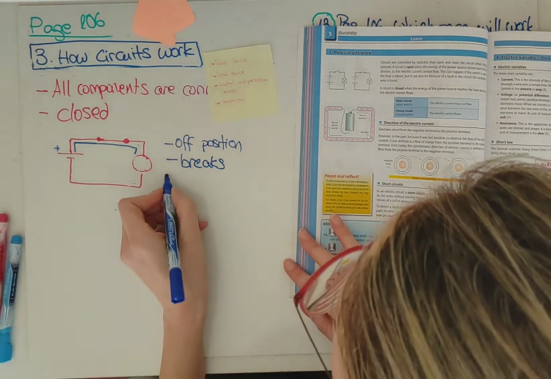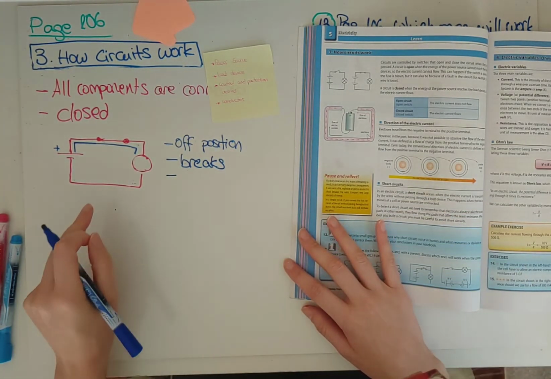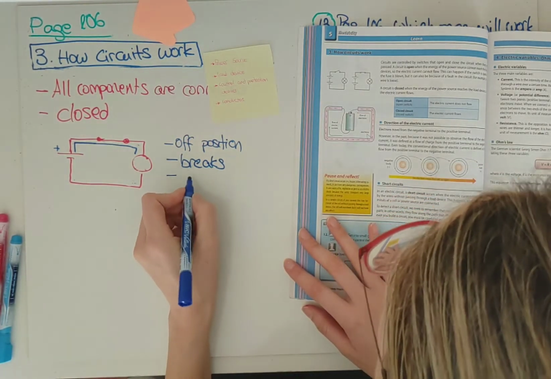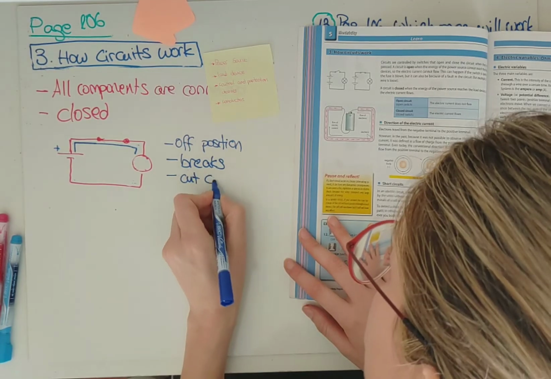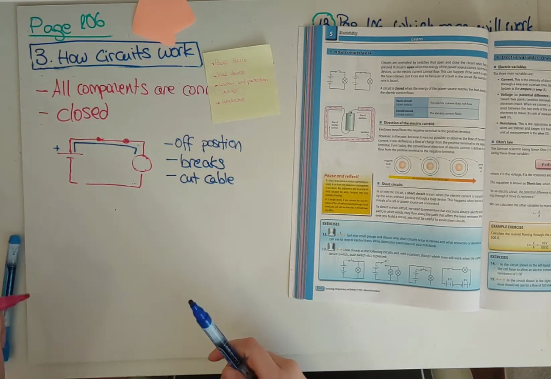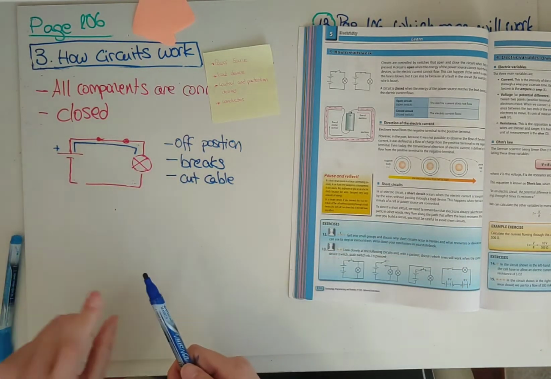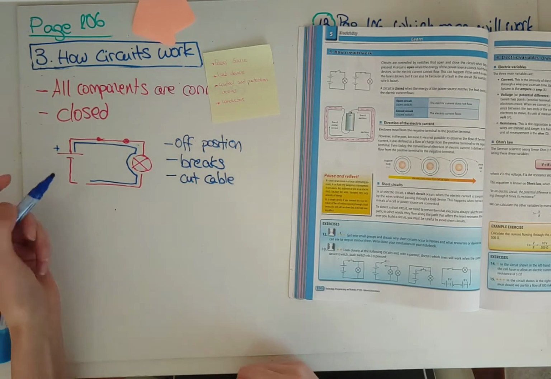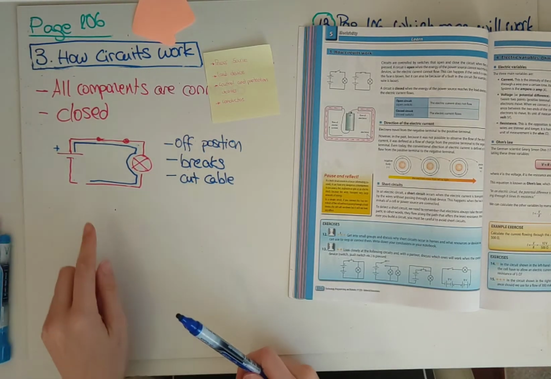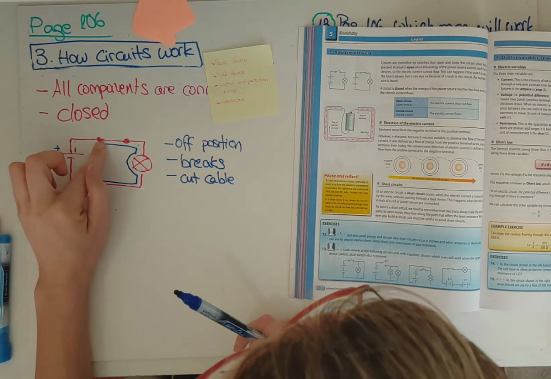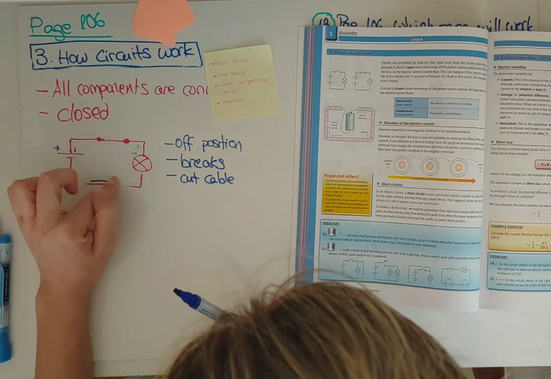And the third possibility is that the cable is cut. Or wire. If the cable is cut, the same. The current can't reach the negative pole of the battery, so this circuit is open. Okay?